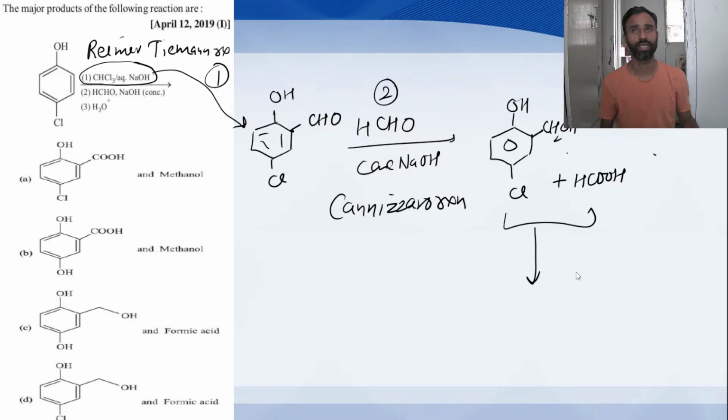Then the sodium salt. So we get formic acid along with this product, where OH remains as such, Cl, and this means D is the right option. There are two reactions in this particular problem. First is the Reimer-Tiemann reaction, second is the Cannizzaro reaction.